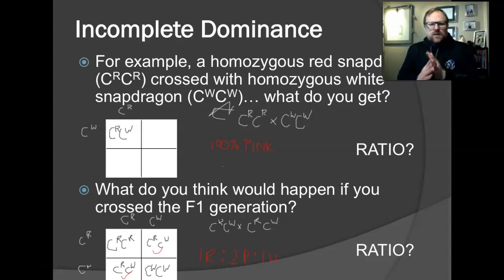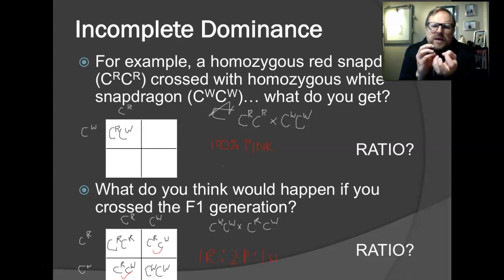What I wanted to mention at this point is when we get into these different patterns of inheritance, like incomplete dominance, multiple alleles, or codominance, which we're going to see in a second, the ratios that you got comfortable with in those monohybrid crosses at the beginning of C5 are thrown out the window a little bit.